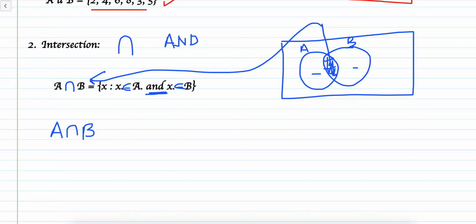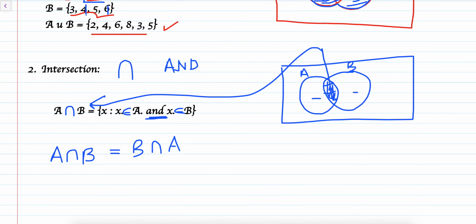A intersection B is the same as B intersection A, because both denote the elements that are common to both A and B, and we had earlier seen in our previous lecture that the order in which we write the elements is irrelevant.